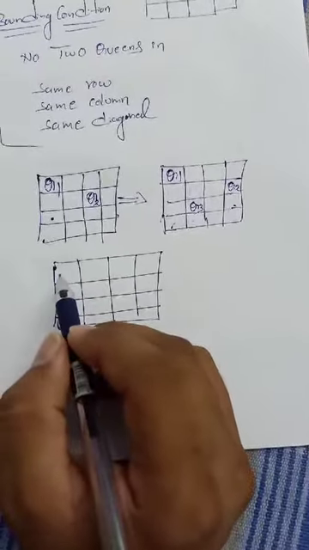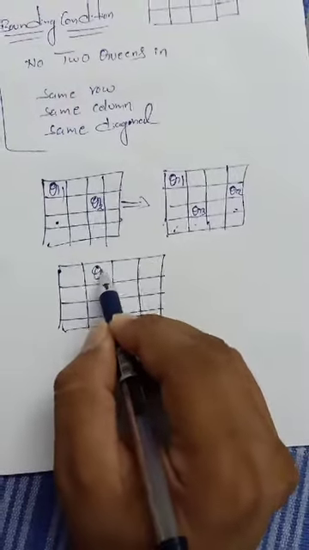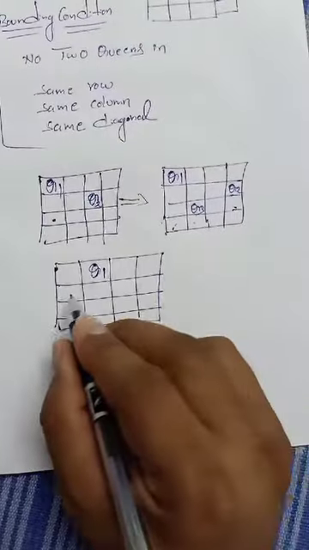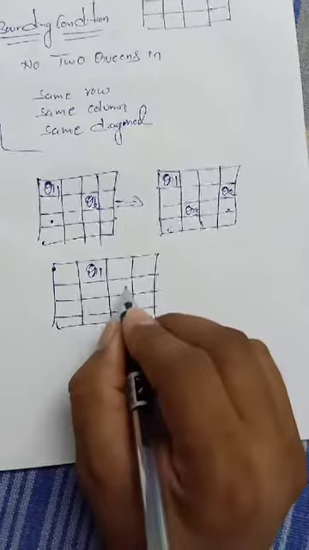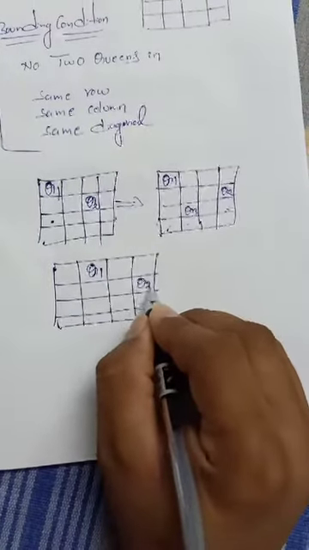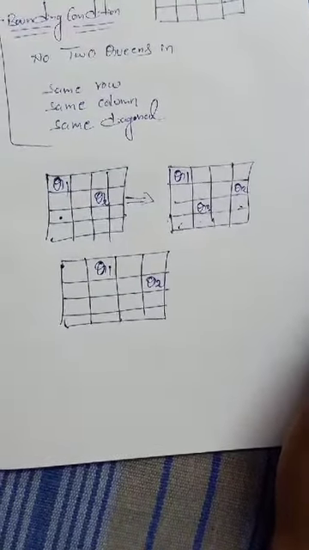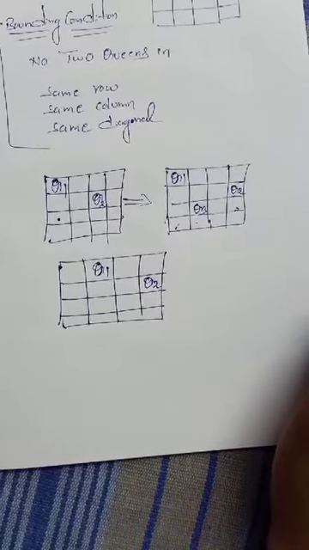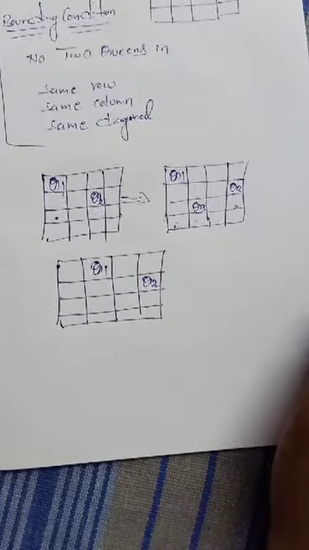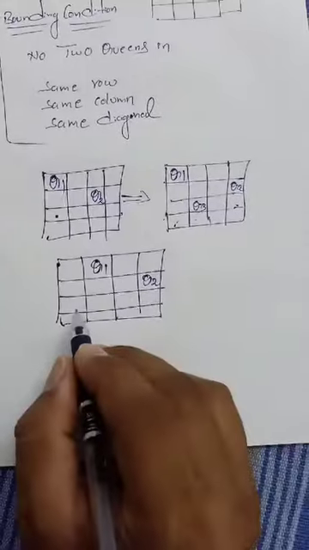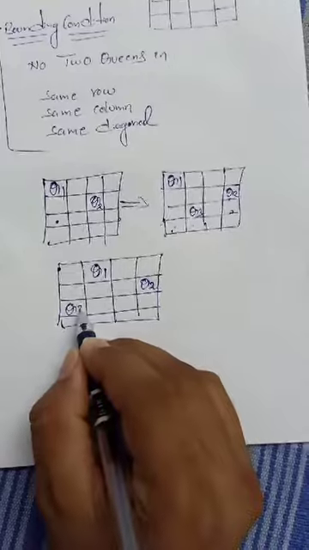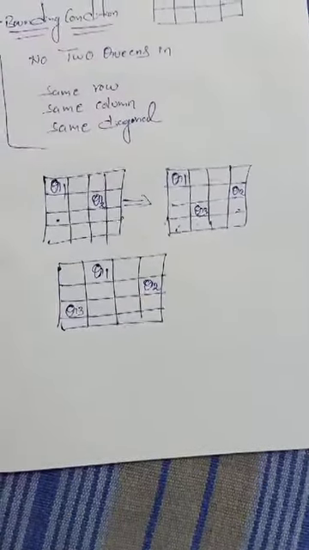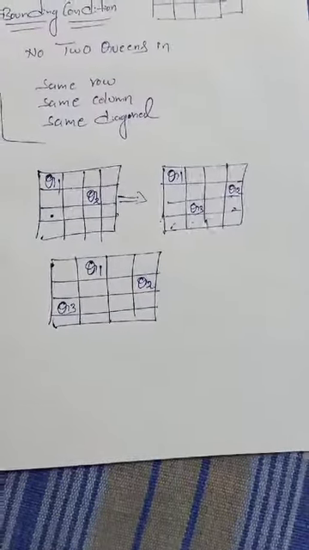So instead of placing q1 in the first column, I place q1 in the second column. Then by using the bounding condition, the only chance is to place q2 here. Next, q3 in column 1, see there is no violation.